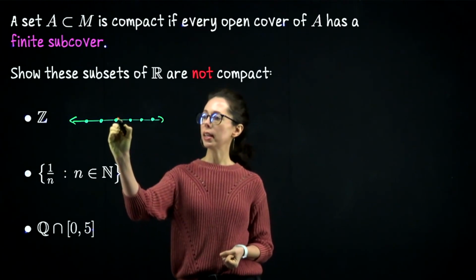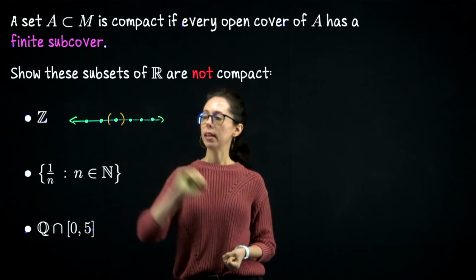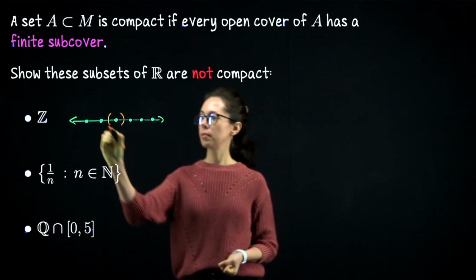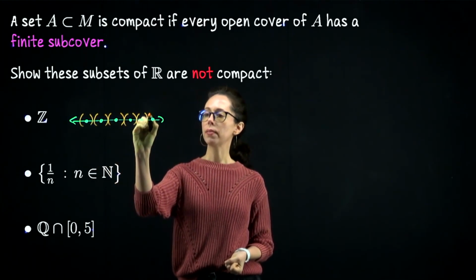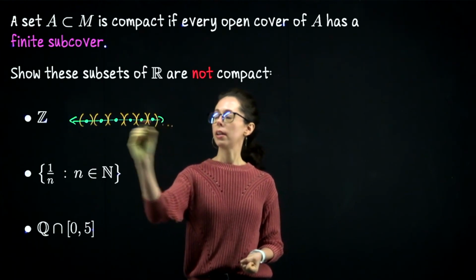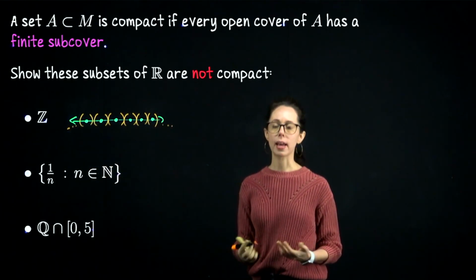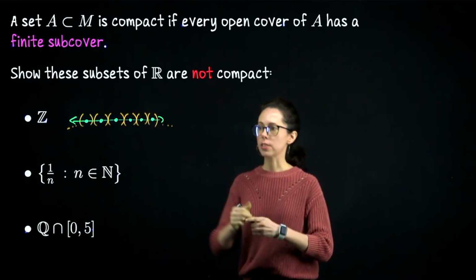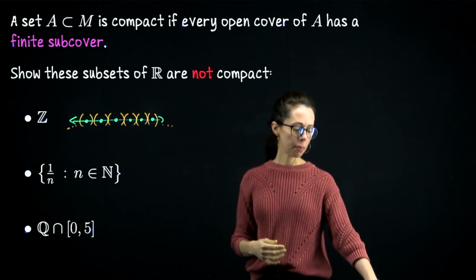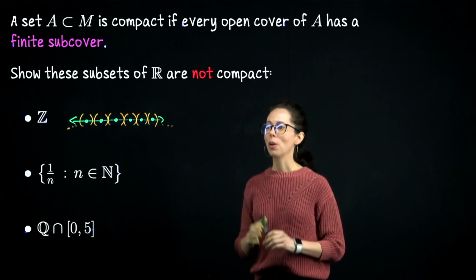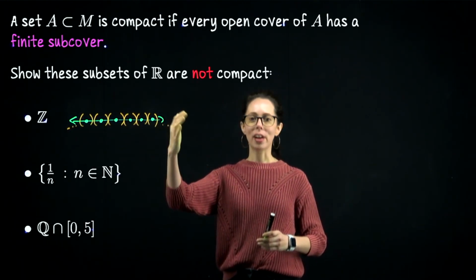What I'm going to do is take each integer and enclose it in an open interval of radius 1/2. Each one of these is an open interval, so it's a family of open sets. Every single integer is found in its own neighborhood, so it covers the integers. But we can't pass down to a finite subcover because we need all of them to cover every integer, and that's an infinite set.